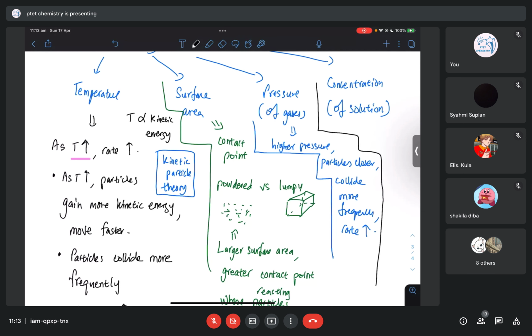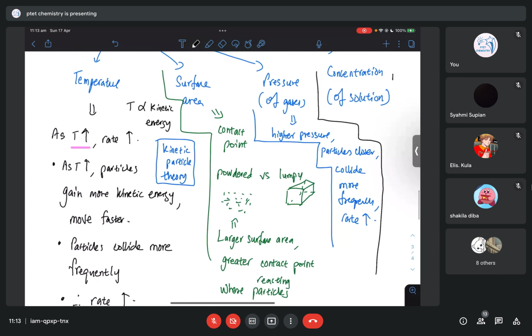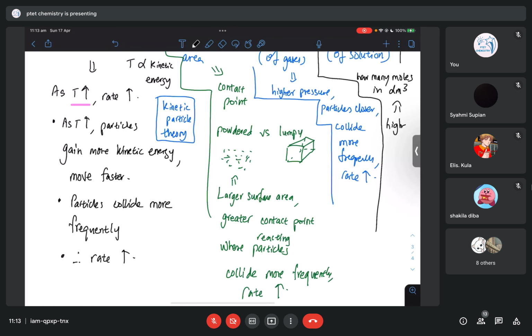So what happened with concentration? Concentration is in mole per dm cube. So that means how many moles in 1 dm cube. So if you have higher concentrations, what does higher concentration mean? Higher concentration means there are more moles per unit volume.